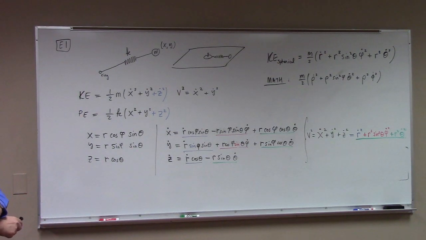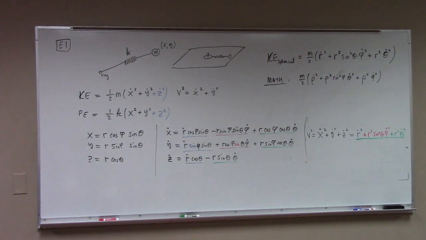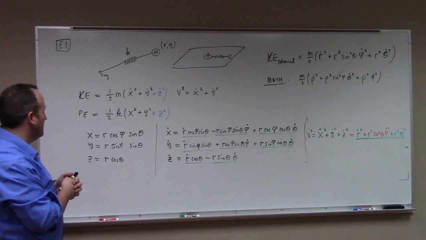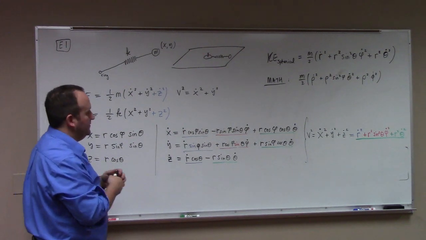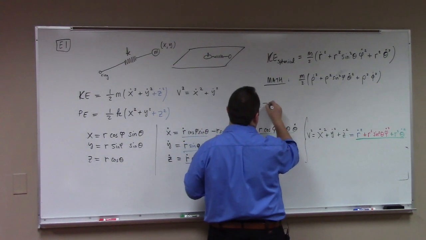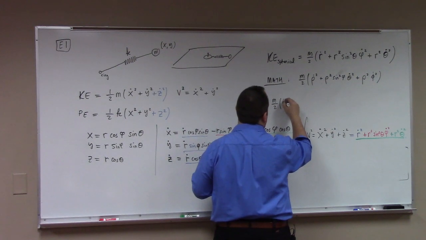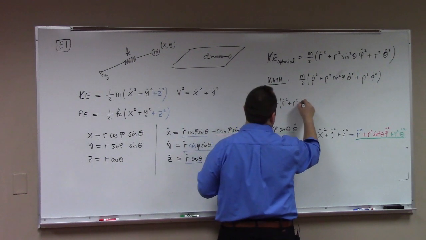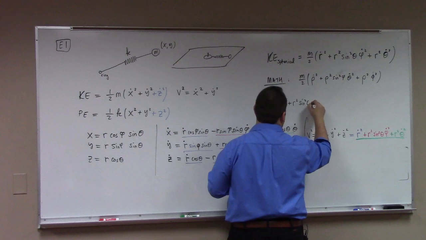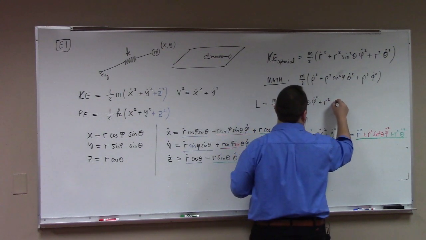All right, so great. What are the Euler-Lagrange equations for this really crazy example that we came up with here? So let's summarize here. So my L is what? It's m over 2 r dot squared plus r squared sine squared theta phi dot squared plus r squared theta dot squared.